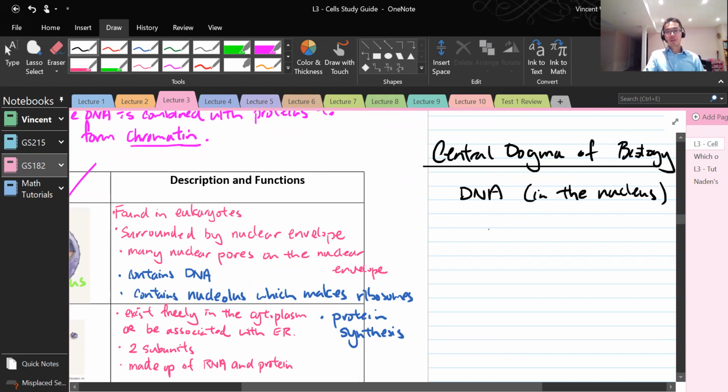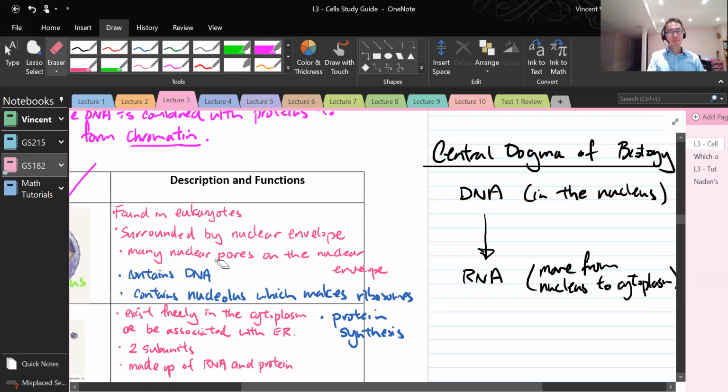You make a copy of the DNA in the form of RNA. That is also in the nucleus, but afterwards it will exit into the cytoplasm, moving from nucleus to cytoplasm through those little nuclear pores.